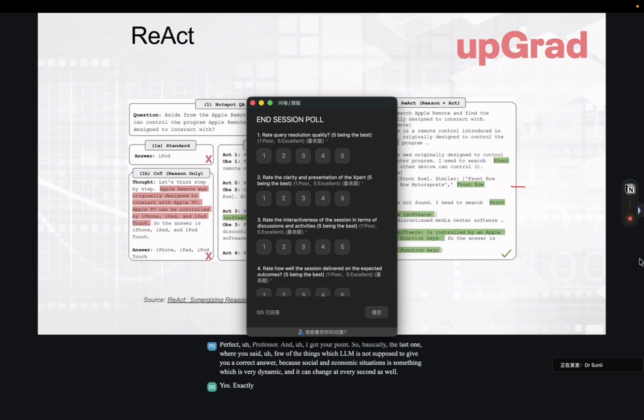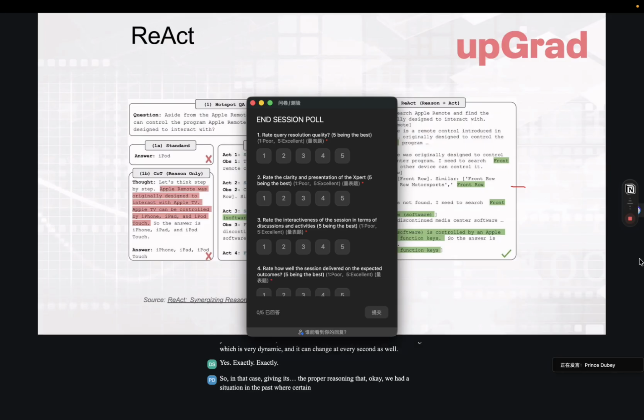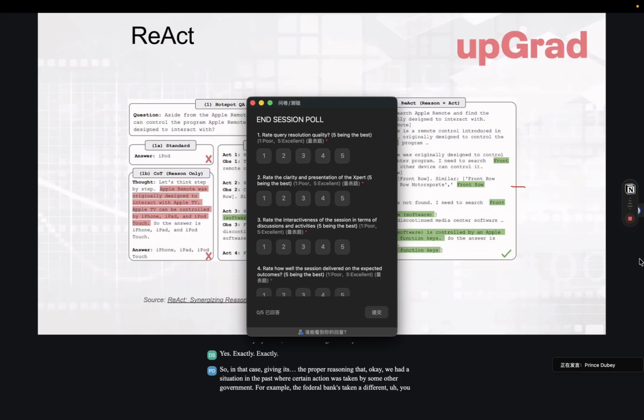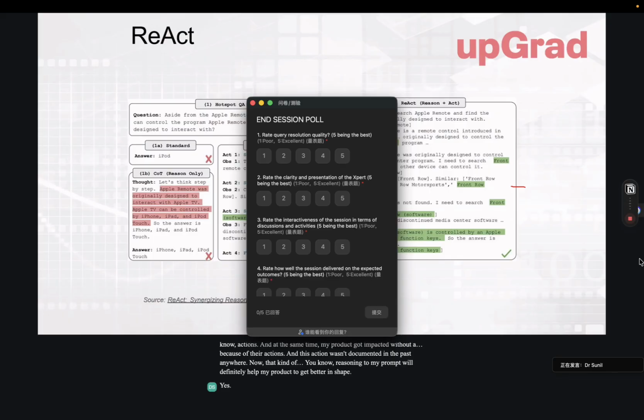In that case, giving it the proper reasoning, that we had a situation in the past where a certain action was taken by some other government, for example the Federal Reserve took a different action, and my product got impacted because of their actions, and this action wasn't documented anywhere in the past. That kind of reasoning in my prompt will definitely help my product get better in shape. Exactly. So, Vin, do you have any question?